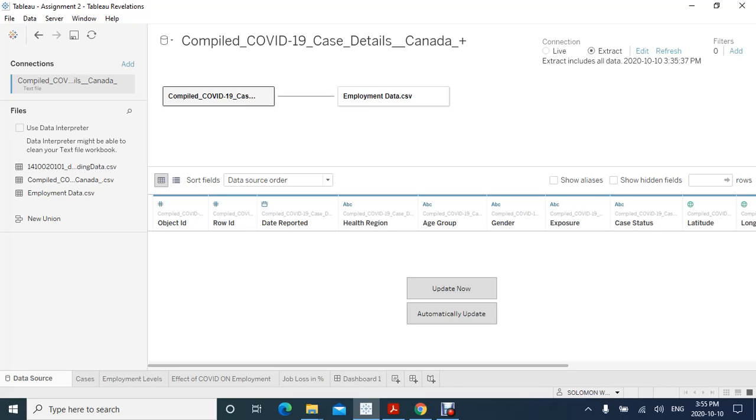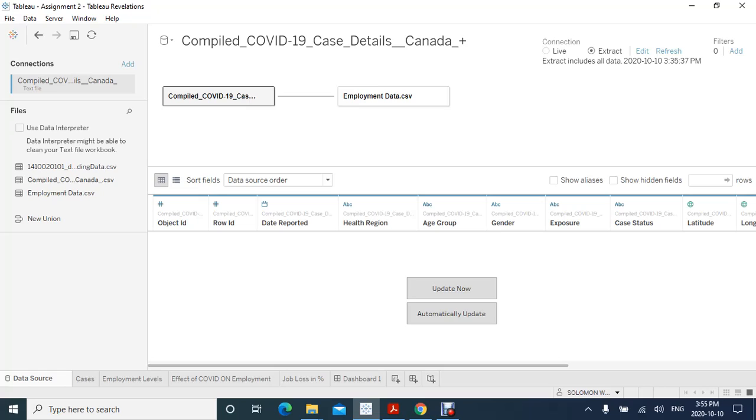In order for us to find an answer to this question using visualization, I got data of COVID-19 from COVID-19 Canada and also employment data from Statistics Canada covering the month of January to July 2020.